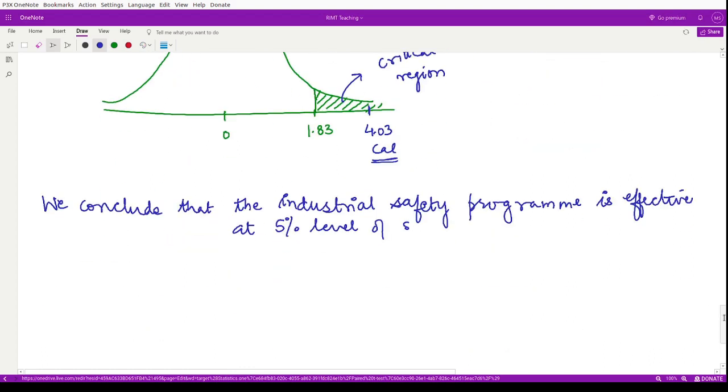So that means the losses in the worker hours due to accidents became less after this program took place in that particular plant, right? So this is all about paired t test.